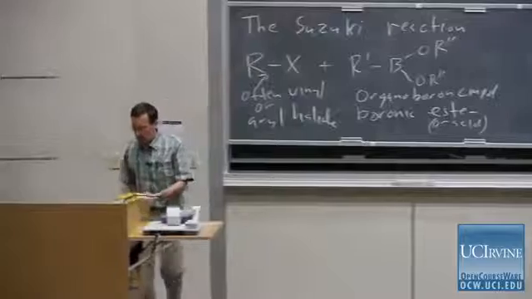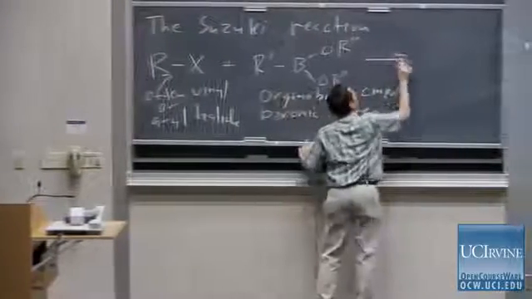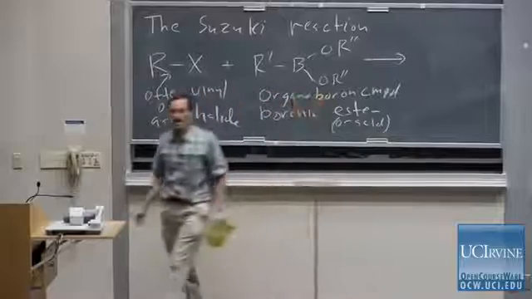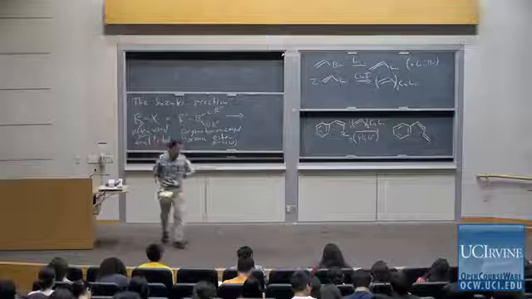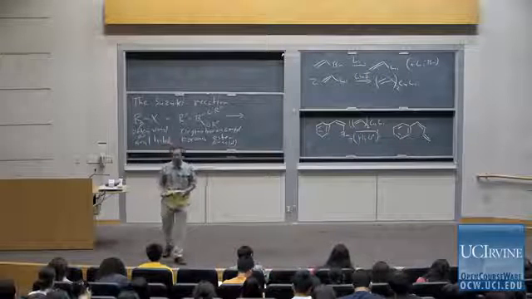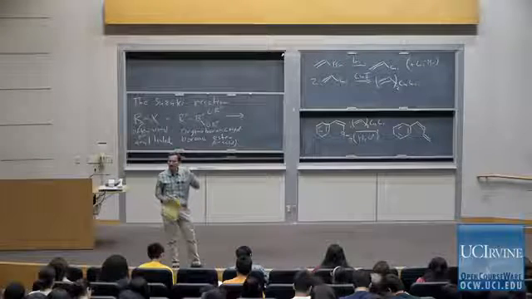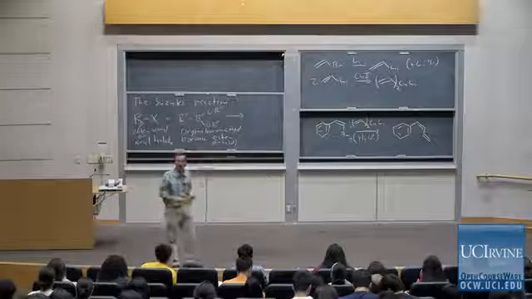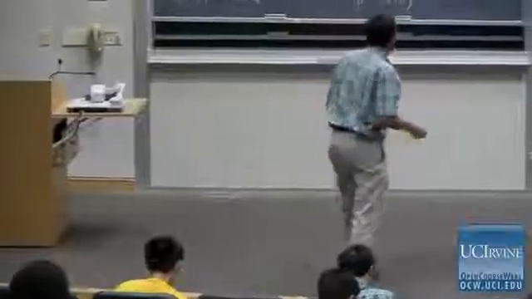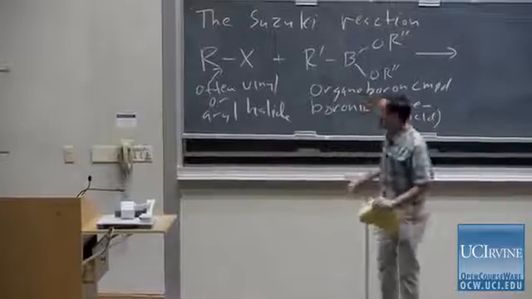And the last piece of the puzzle is a palladium catalyst. Now, when people write organometallic reactions, often they want to focus on the big picture. And we're going to see that as we work our way through the mechanism. And often there are variations that don't matter a whole lot.